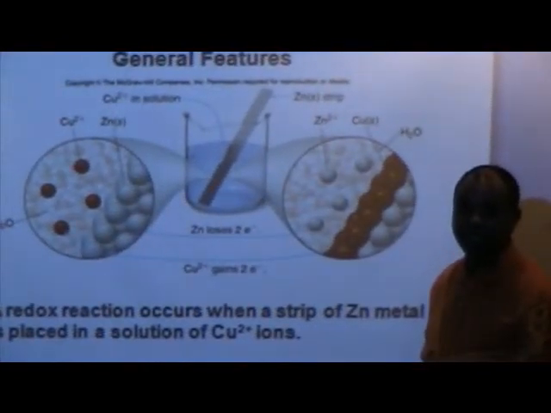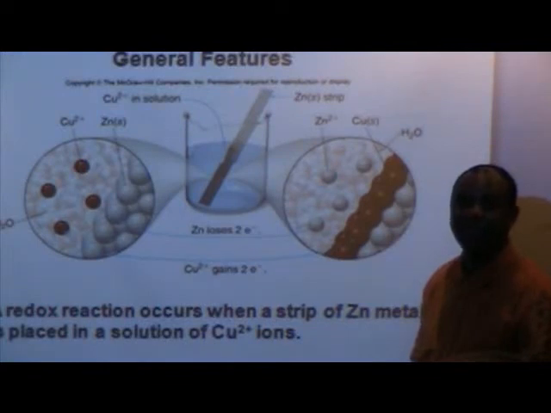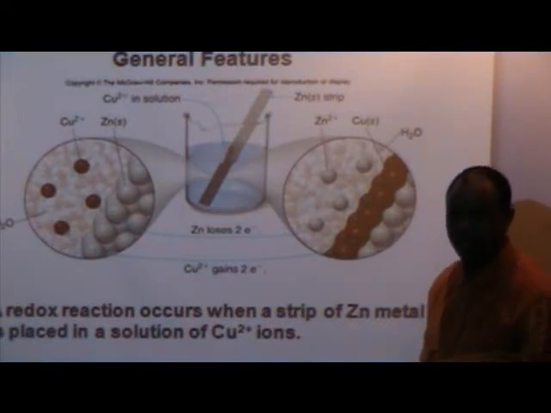It is oxidized because it lost 2 electrons. Loss of electron is oxidation. Gain of electron is reduction. Loss of electron is oxidation and gain of electron is reduction.